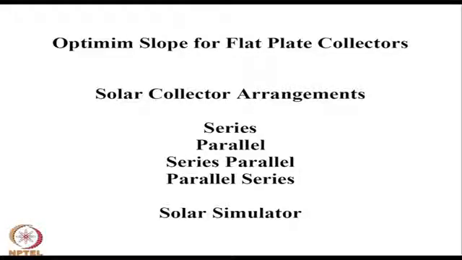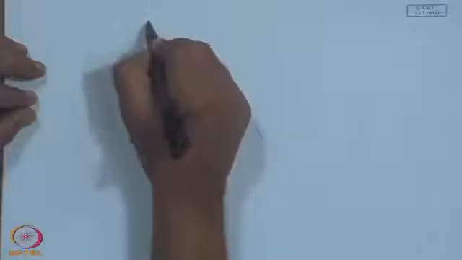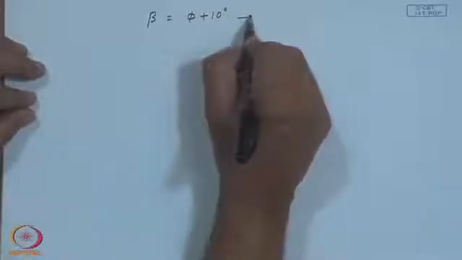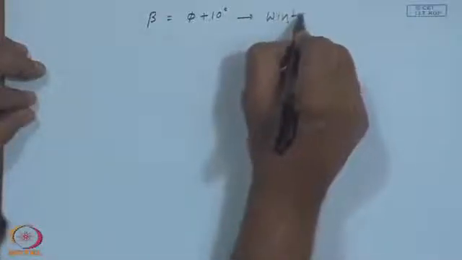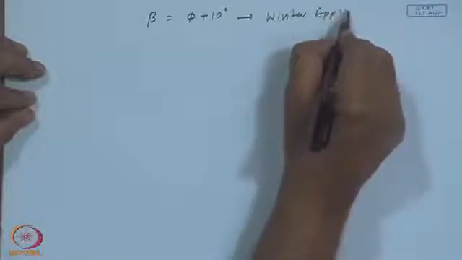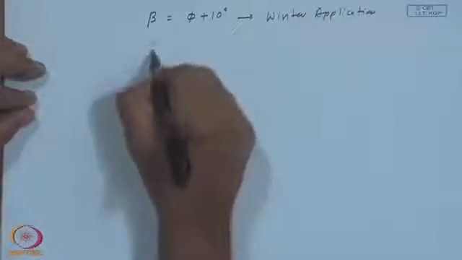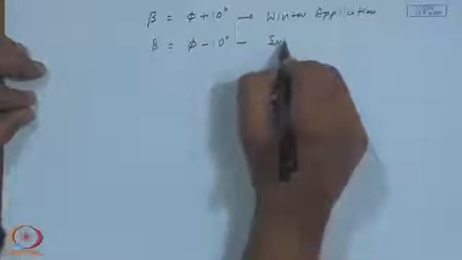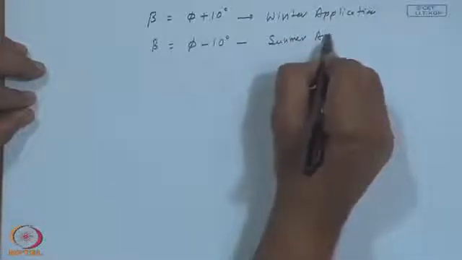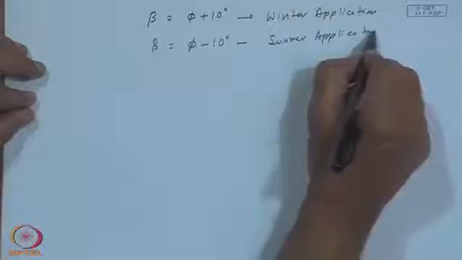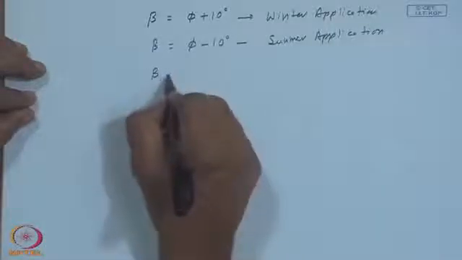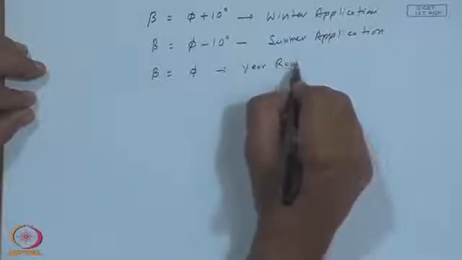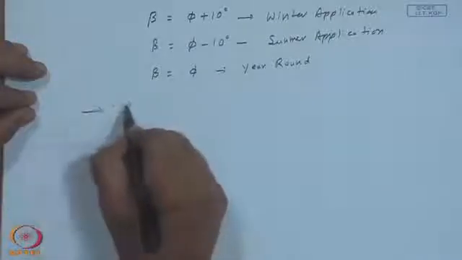because often it is stated that beta is phi plus 10 degrees for winter application in general, and beta is phi minus 10 degrees for summer application. So, we make an engineering guess that beta is equal to phi for year round. So, this is some sort of a thumb rule.